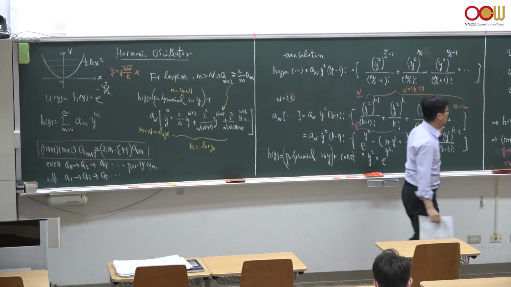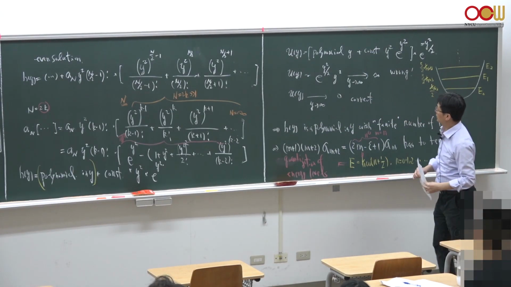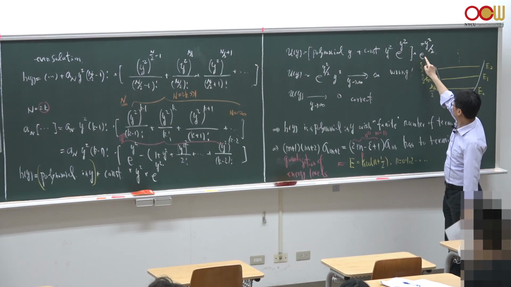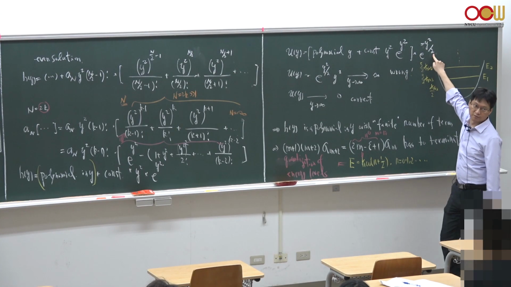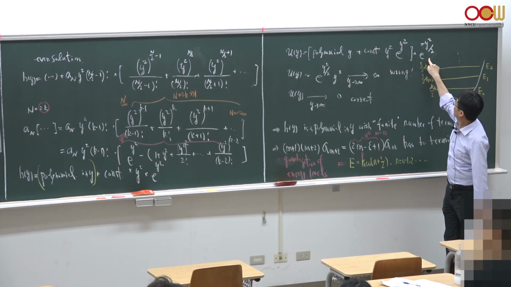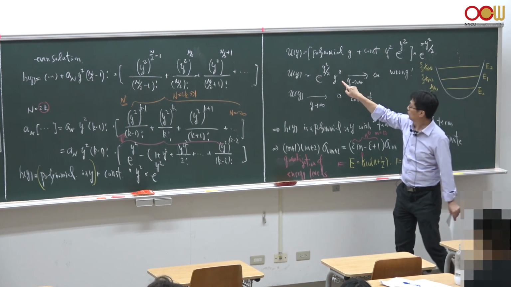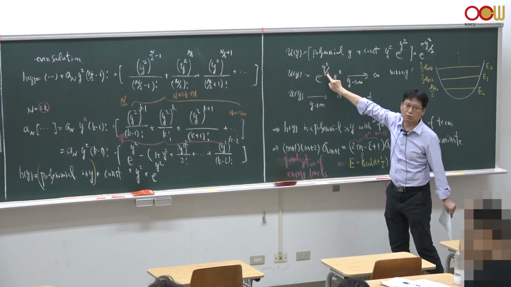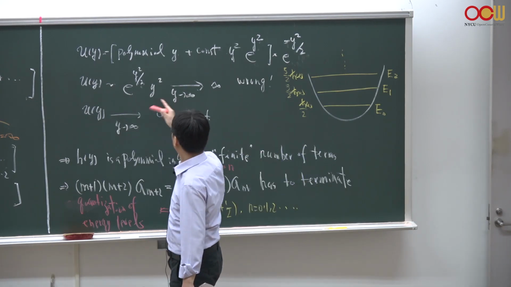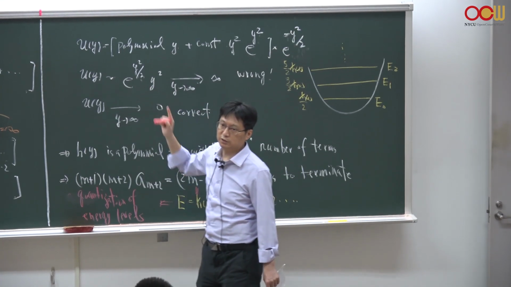So these two will cancel to some extent, but they don't completely cancel out, because this is e to the y squared, but this is e to the minus y squared over 2. Okay, so you take the multiplication of these two exponential factors, you still get y squared times e to the plus y squared over 2. So this term is troublesome because when y goes to infinity, this is exponentially large.